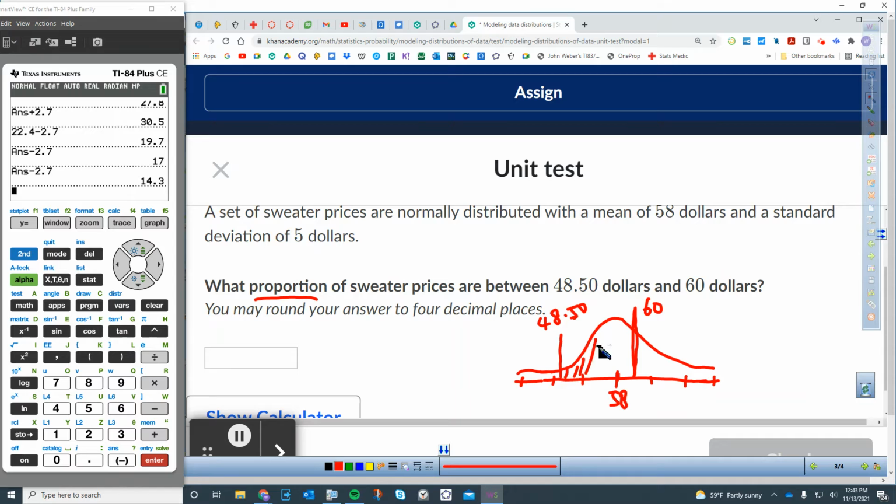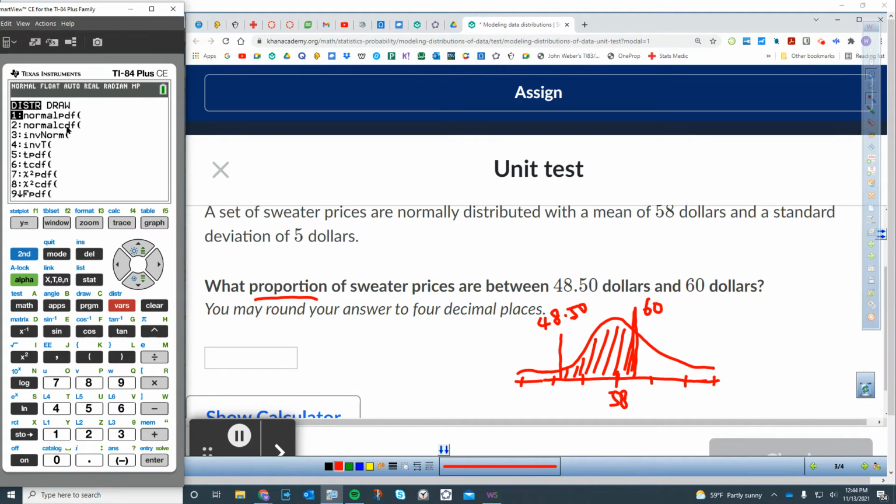which is actually the area under the curve right here. So the area under the curve, this is the lower bound. It starts from 48.5, and this is the upper bound. It ends at 60. So if I go to second vars, I have to pick number 2, right? Normal CDF. And I hope you remember how to do this.